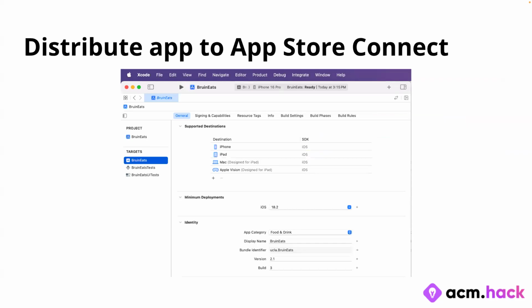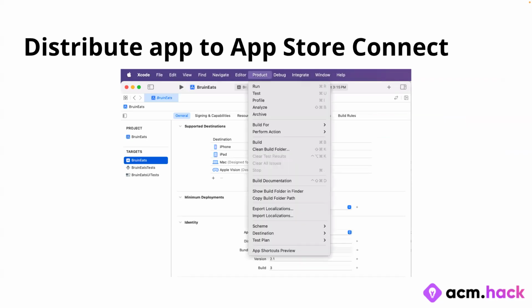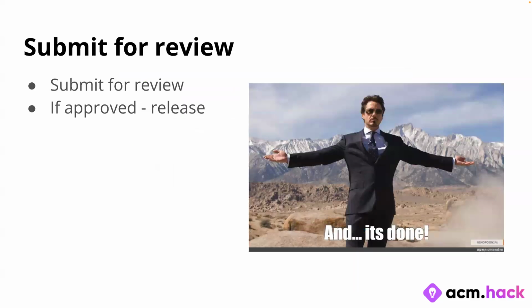You can then go back to Xcode and go to the product tab at the top. Go to the archive button. From there, you'll be able to distribute your app to the App Store Connect platform. Then you basically just submit it for review. If it gets approved, you're able to release it immediately, or you can schedule a release later.